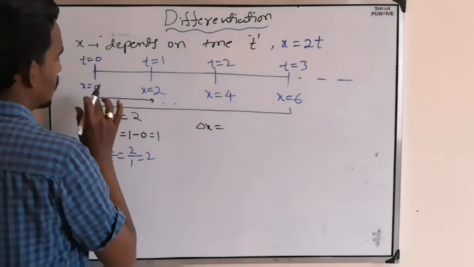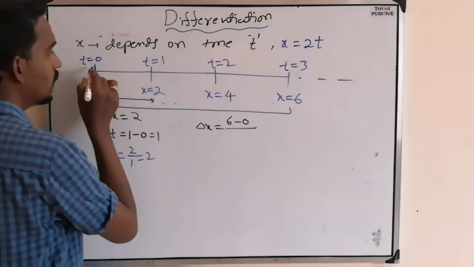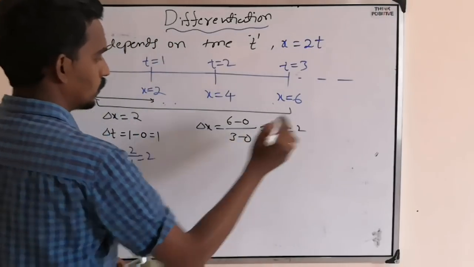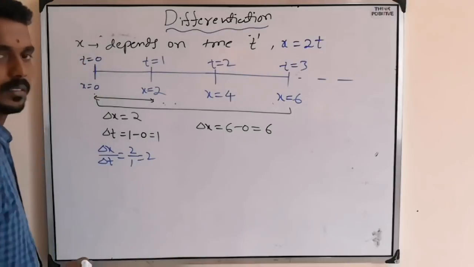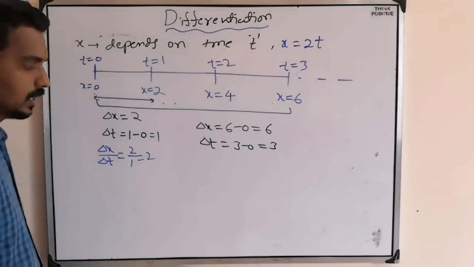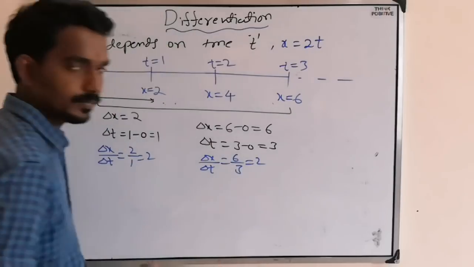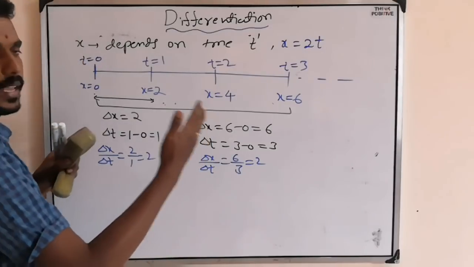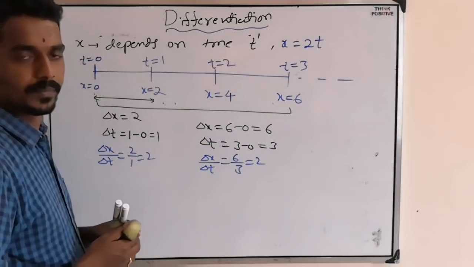Delta x is finally 6, initially 0, 6 minus 0, 6. Delta t is 3 minus 0, 3. Then delta x by delta t is 6 by 3, again 2. So the average change in x with respect to t, from here to here and from here to here, is the same. Right?